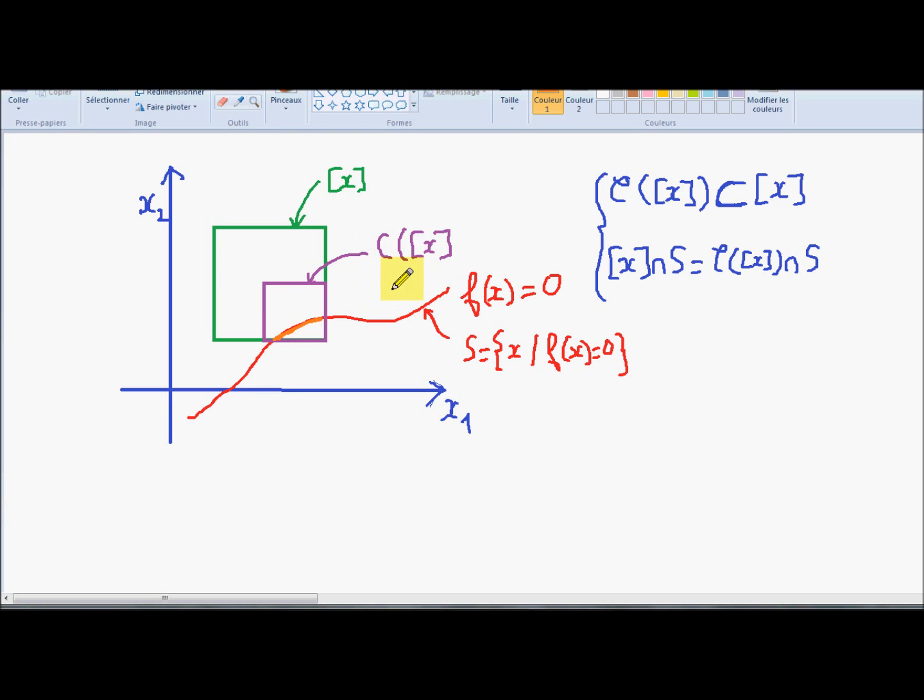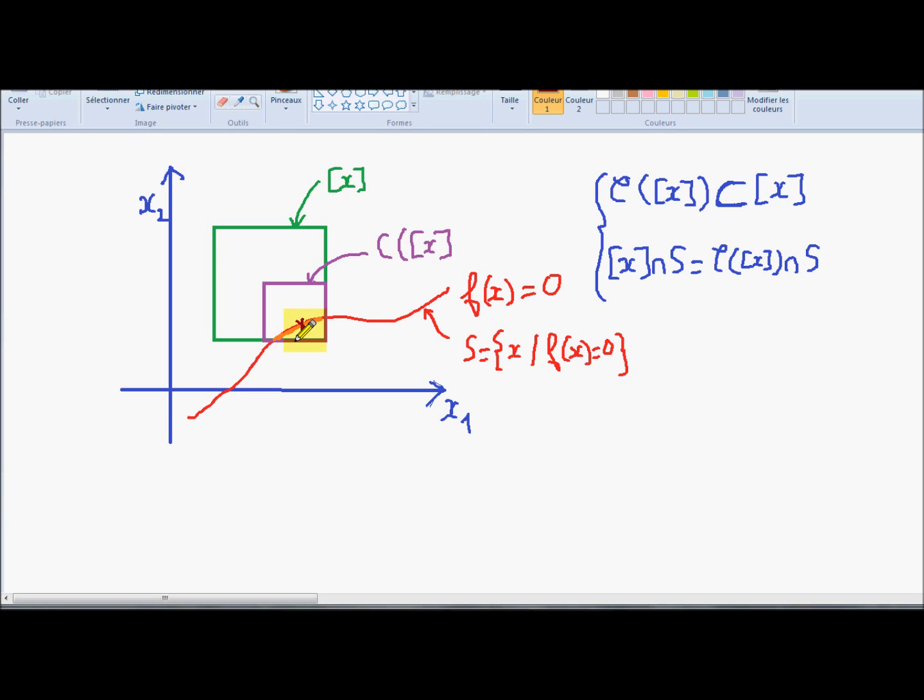In other words, if one point, for instance this point, is inside X before, a point which belongs to the solution set, then it should also belong to the contracted box. I mean that the contractor should not remove any solution.